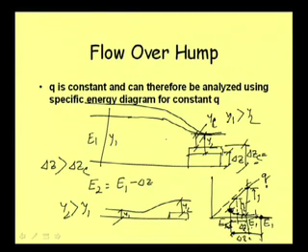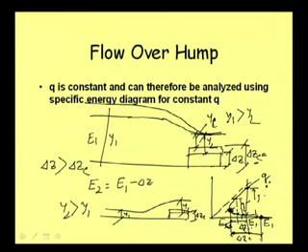So, it is almost similar to the case of narrowing down, but of course the concept is a little different, and we are analyzing this from the point of view of the specific energy diagram for constant discharge. Of course, in case of supercritical flow, we will also get up to the critical depth if it is increased to delta zc. But if it is increased further, then it will not.